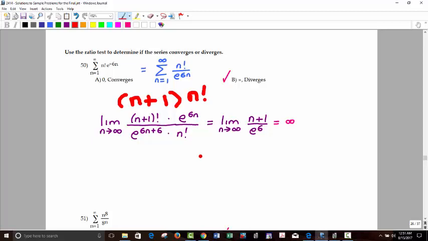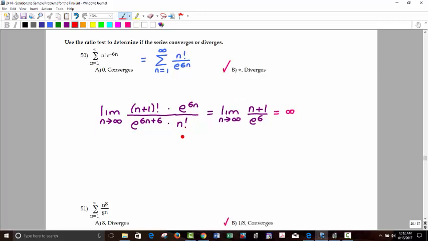And then you would cancel the n factorials, and there you have it. So that leaves an n plus 1 on top and an e to the 6 on bottom. Well, that e to the 6 doesn't mean anything. That n on top guarantees we go to infinity, and therefore it diverges by the ratio test. It had to go to something less than 1.